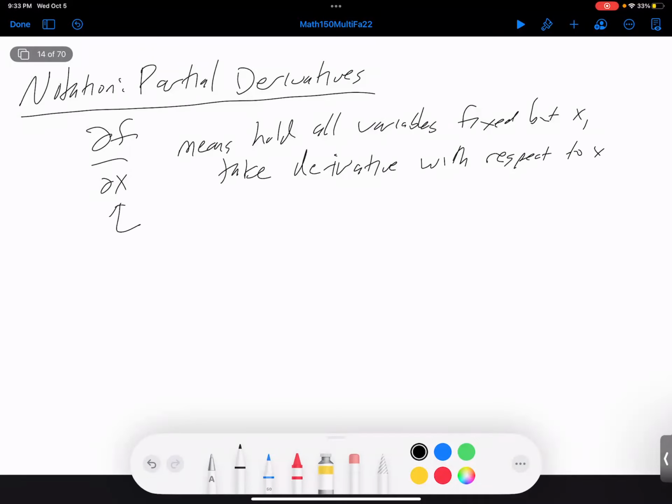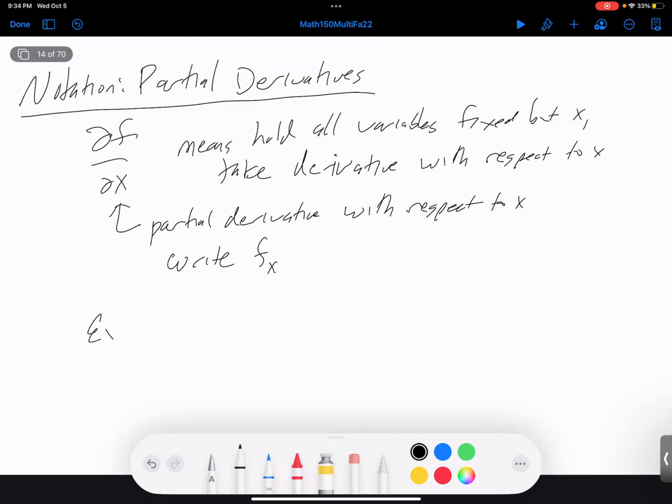So this is called the partial derivative with respect to x. We sometimes write f subscript x to mean the derivative with respect to x.